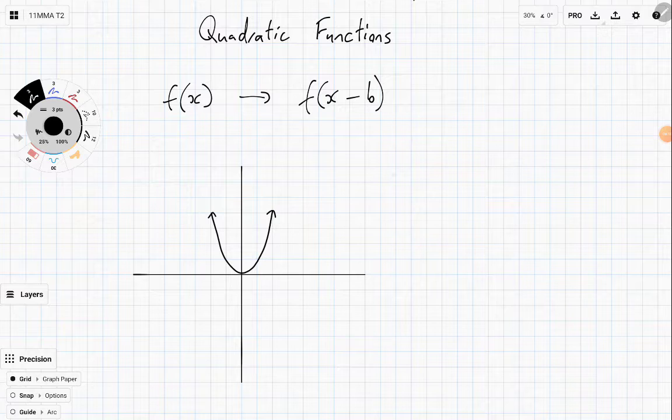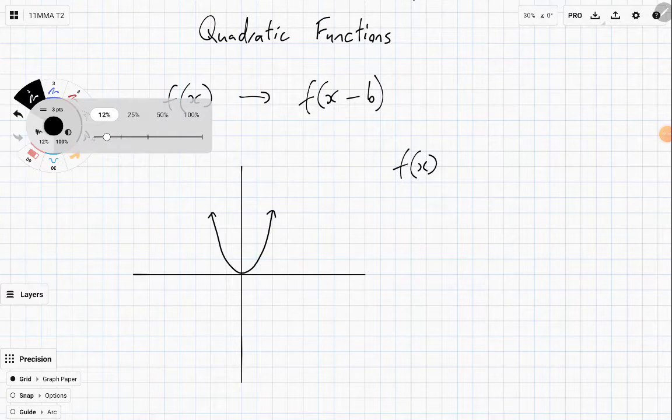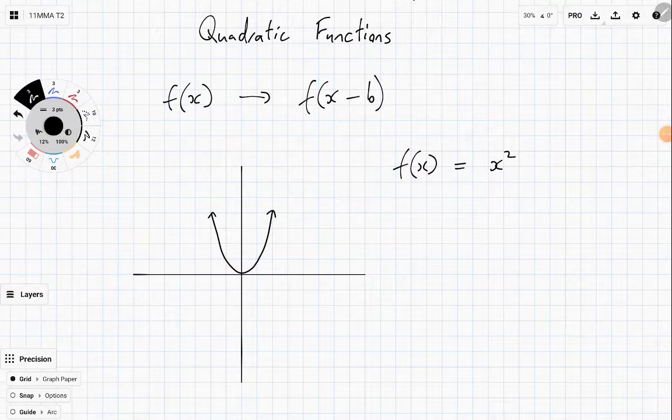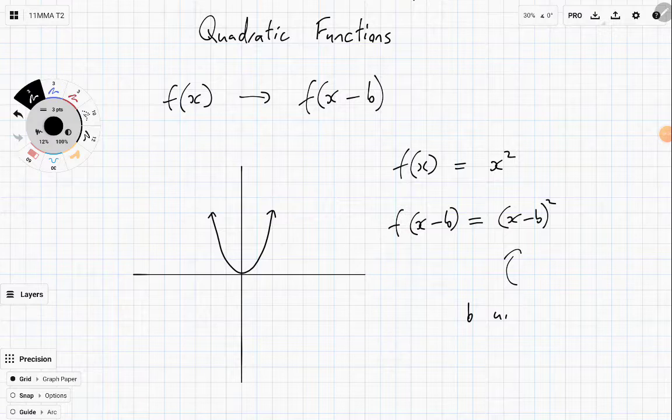So for a function f of x that's equal to x squared, when we translate it, it's going to become f of x minus b equals x minus b squared. Okay? And this can be combined with our other transformations as well. So this is moving the quadratic b units to the right.